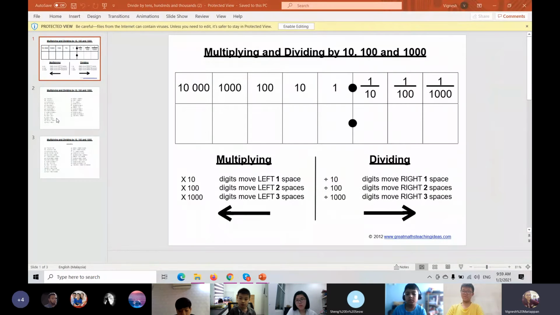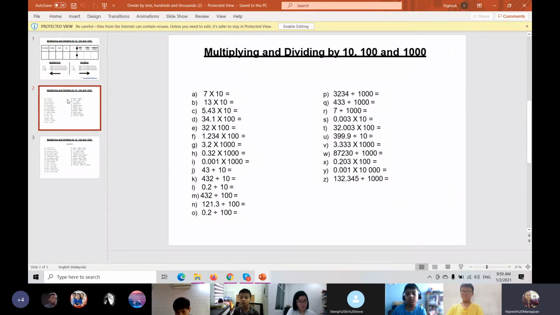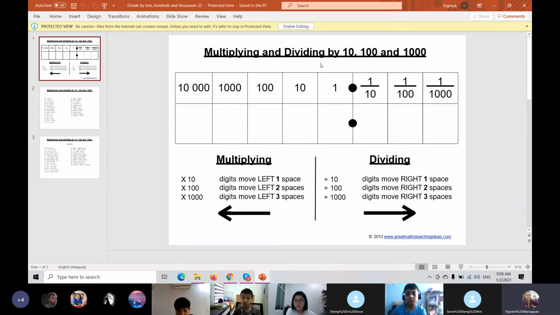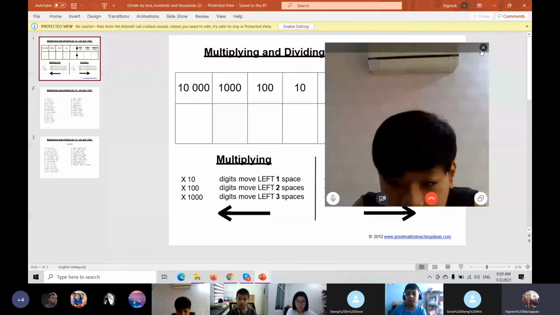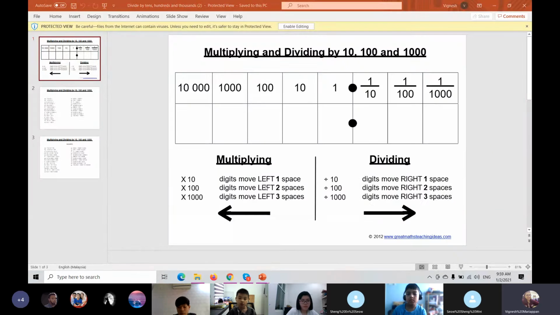Okay, now this is the simple slides, one with the questions and one with the answers, but teacher doesn't want to show the answers. Okay, now multiplying by and dividing by 10, 100 and thousands. Can see my screen, right? Good. So same goes to the multiplying. Teacher already said, when this one is only for the box way, let's say 10, you have to move to your left 2 space, 100 and same goes to the 1000.